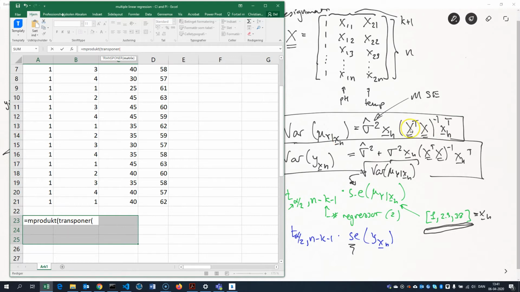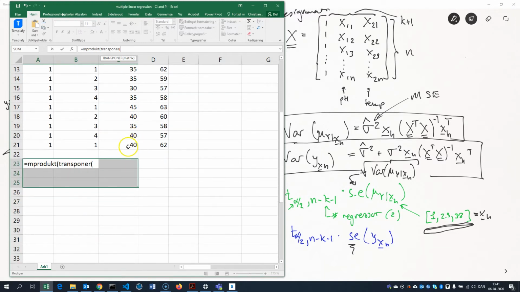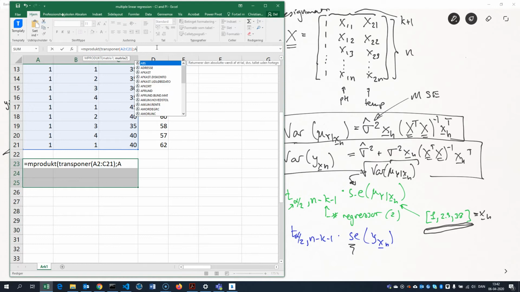So I'll transpose the design matrix, which starts at A2 and stretches all the way to C21. So I'll type that, A2, C21. See, that's my design matrix. I've transposed it now, and then I multiply it by itself. So that's A2 and C21 again.